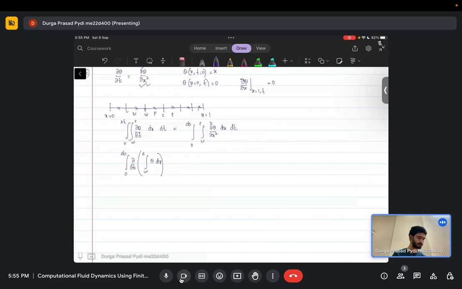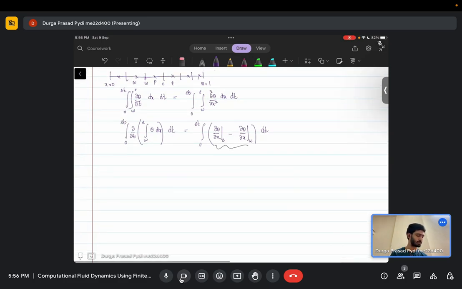I'm just taking this inside and writing this as this. This can again be written as del t del x on the east face. So before dealing with the spatial temporal one, we will just see this one.